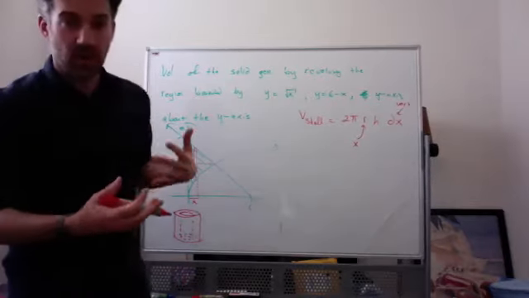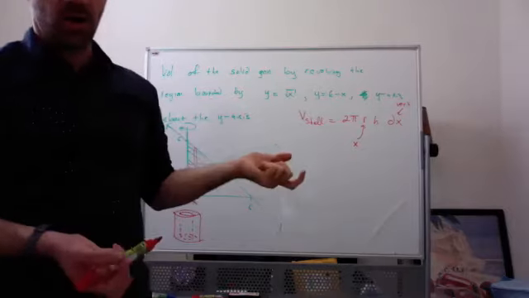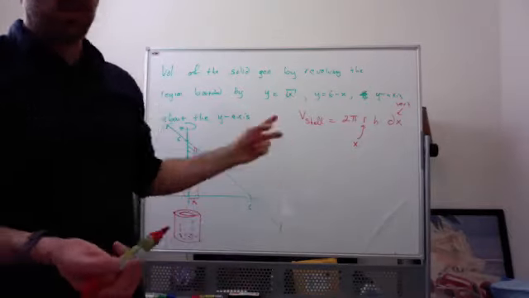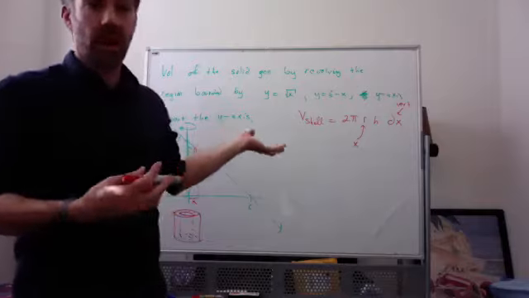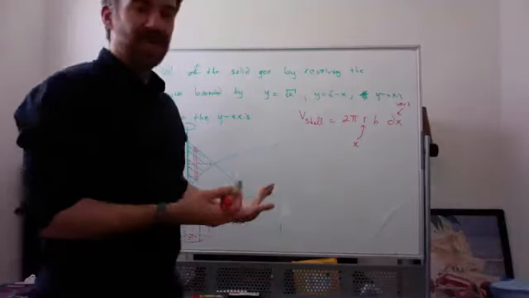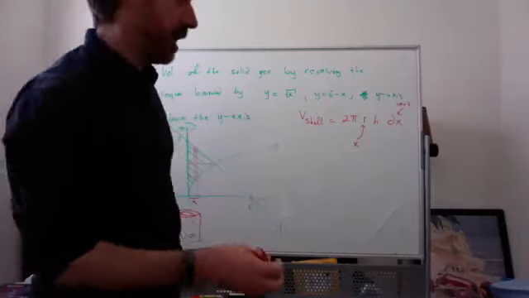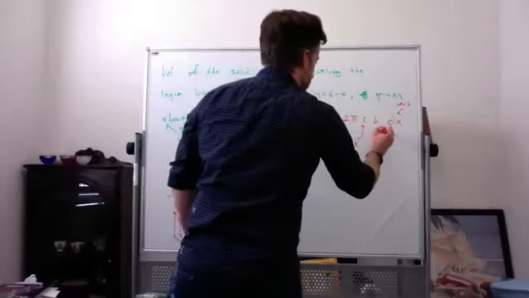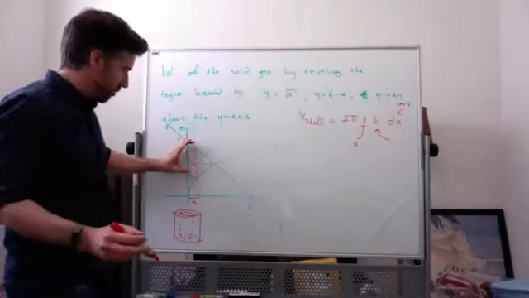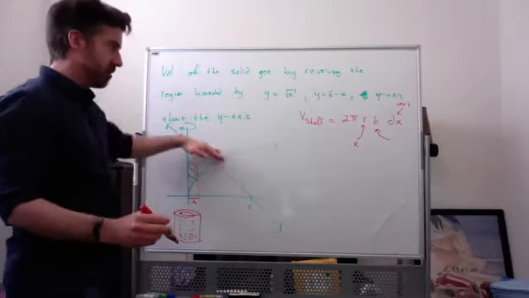So generally for these shell problems, the radius is just x if you're going around the y-axis, or it's just y if you're going around the x-axis. We'll see how to change it if we're going around a different axis in just a second. The height is the height of the strip, which is just the top function minus the bottom function.